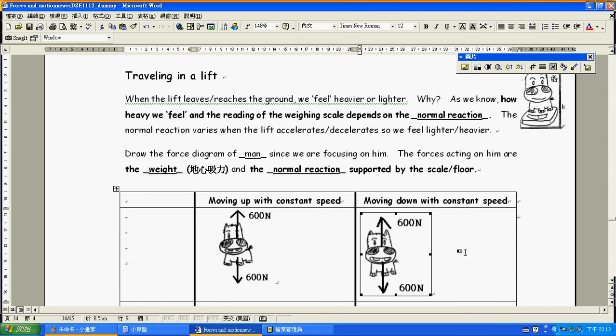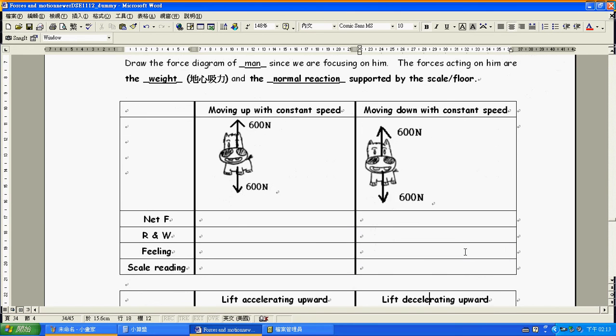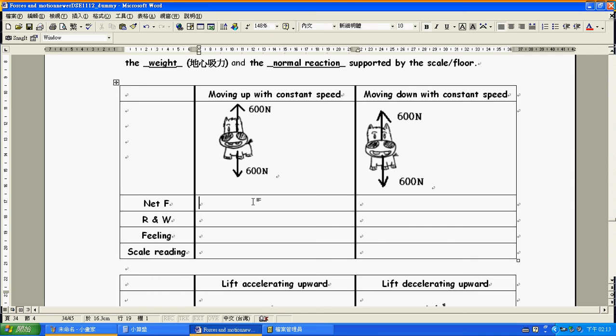Okay, let me scroll it down a little bit. So the first case, the net force must be 0 by Newton's first law. And the relation between the normal reaction and the weight is that they must be equal. So the feeling is normal, as 600 Newton.